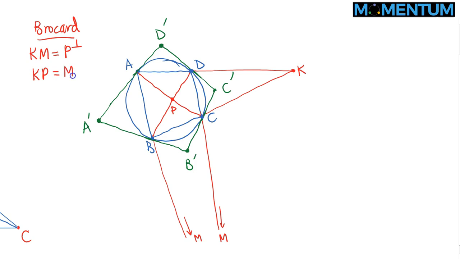KP is the polar of M. Actually, this one was a better one. Okay, good, we have that for now. So KP is the polar of M, and for instance, you can use La Hire's theorem to show that.